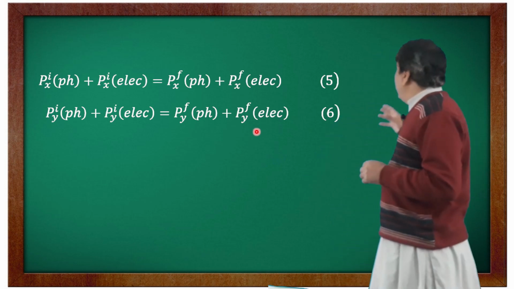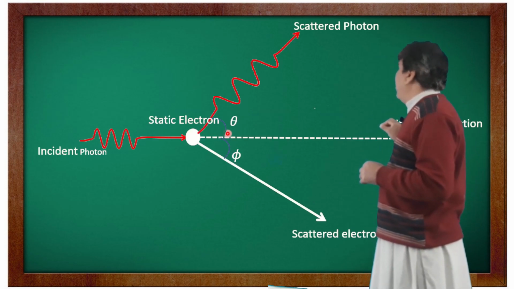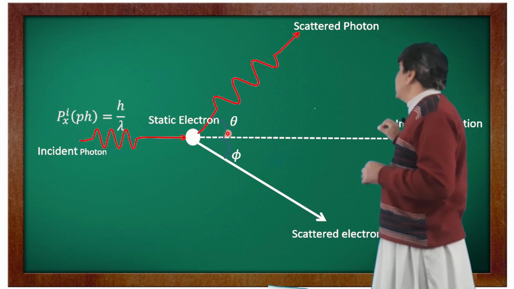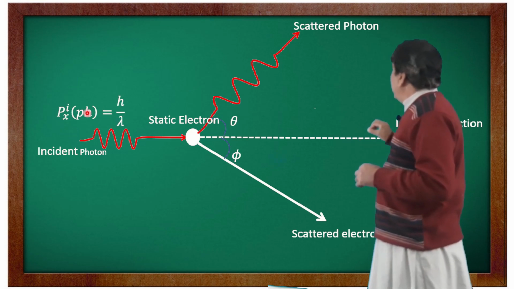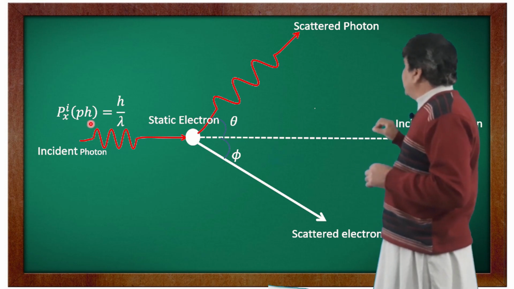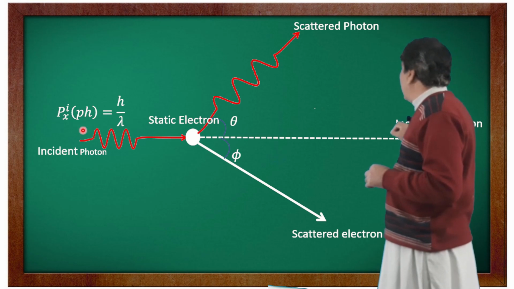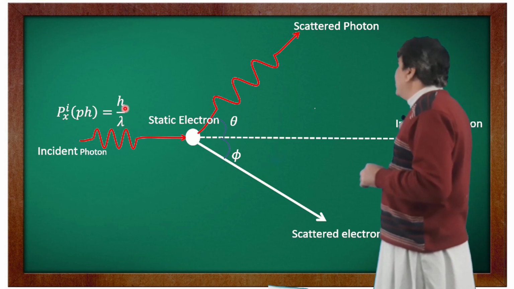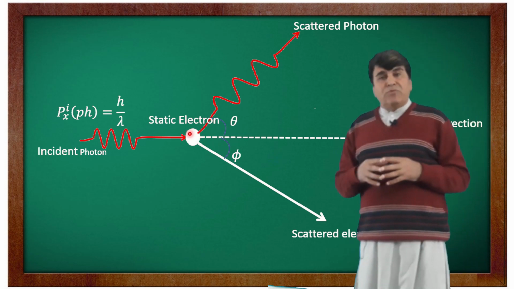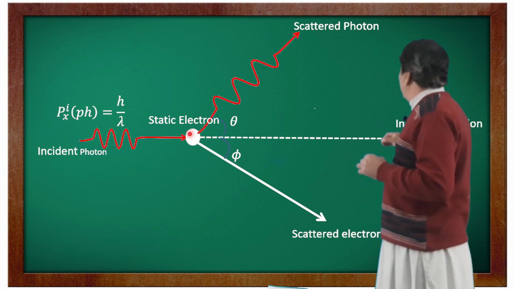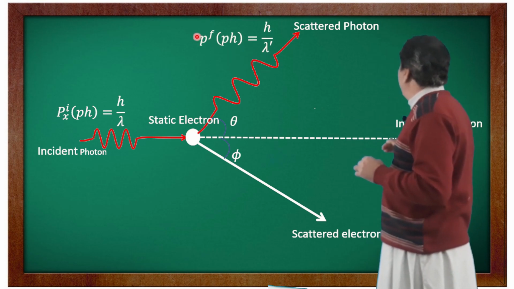As can be seen from the figure, before collision only the photon carries momentum along x-axis as the electron is stationary. So the initial momentum along x-axis is just equal to h divided by lambda for photon and equal to 0 for electron. After collision, the photon moves with a longer wavelength whose momentum is given by p prime equals h divided by lambda prime.